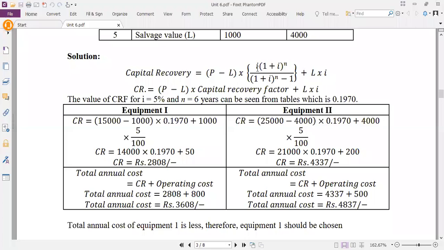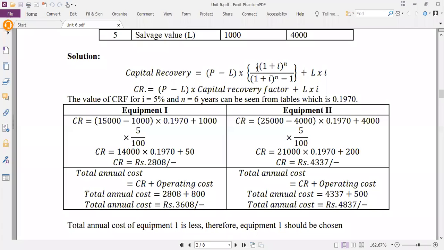Okay, so if I calculate the capital recovery for equipment number 1, if I put the values in that, then it gives me the result.